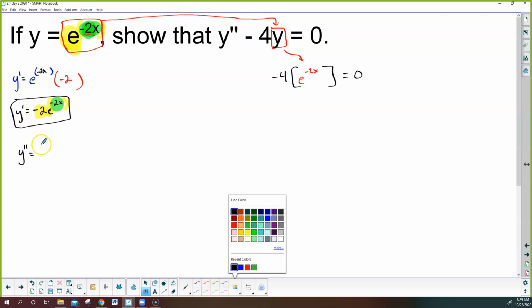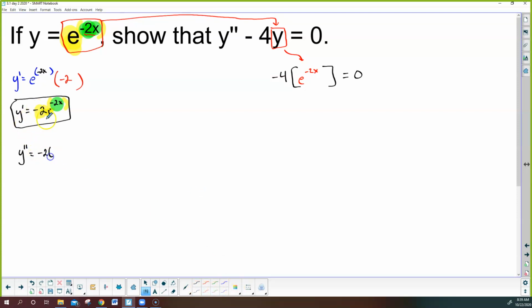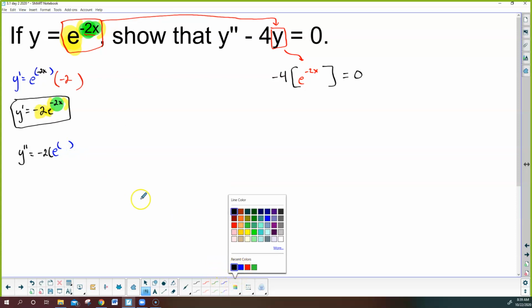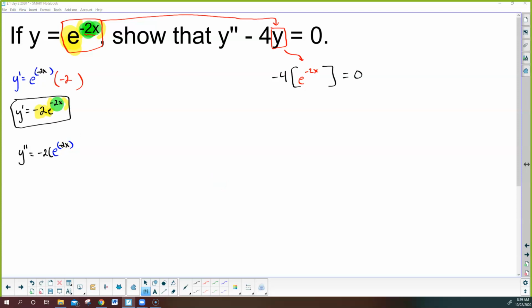All right, so I'm going to leave the original negative 2 out front. And then I'm going to apply the chain rule. I'm going to take the derivative of the e to the x. The derivative of e to the x is e to the x. We're going to keep the inside.